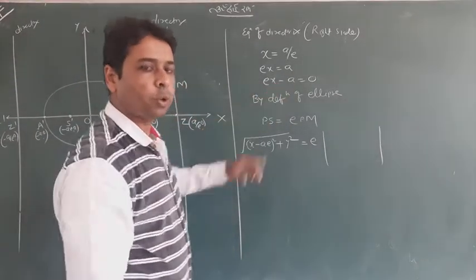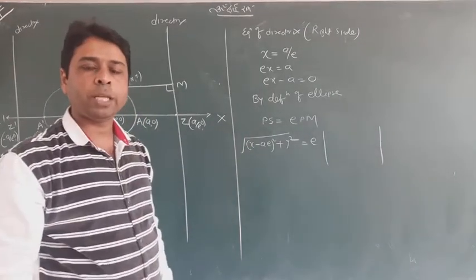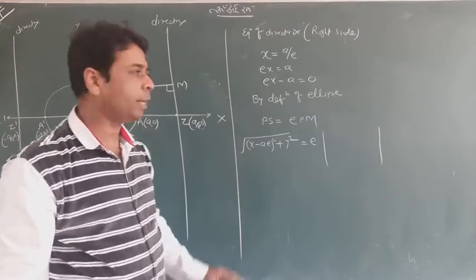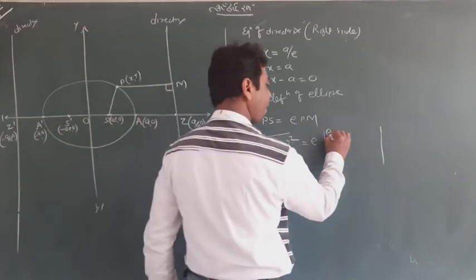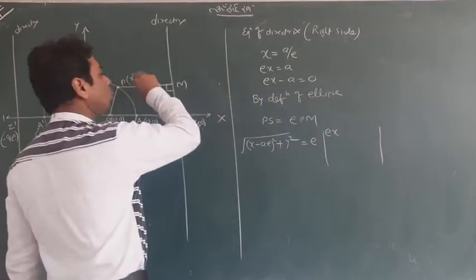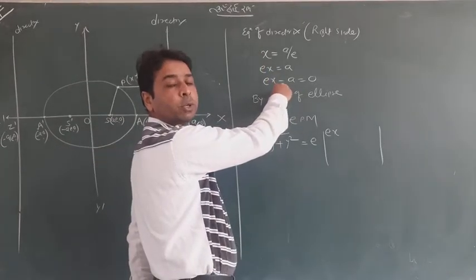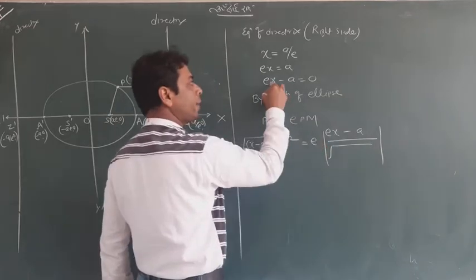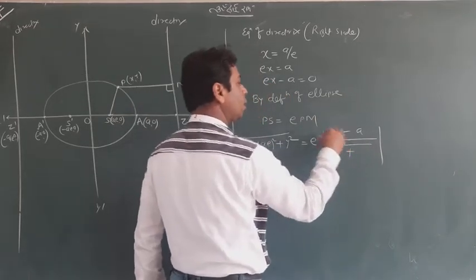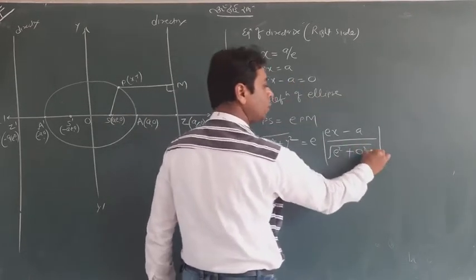I taught you yesterday how to find the perpendicular distance of a point to a line. x will be put in place of x, y in place of y, but we don't have y here. So we write A only, upon the square root of the coefficient of x squared plus the coefficient of y squared; the coefficient of y is not here, so it will be 0.